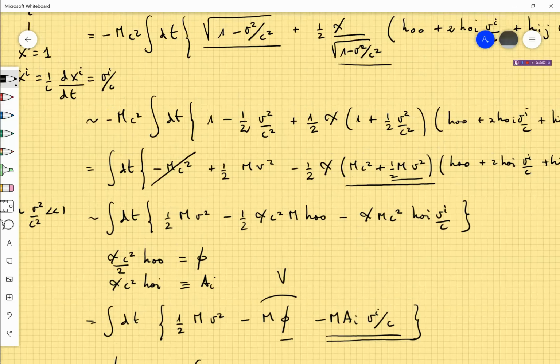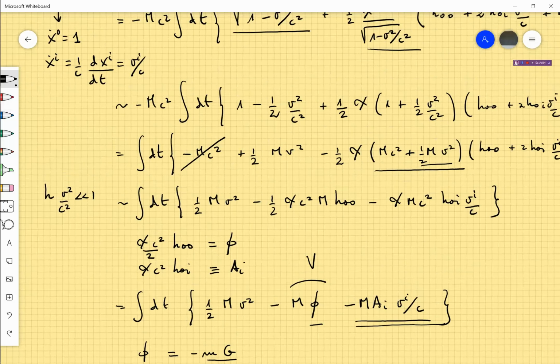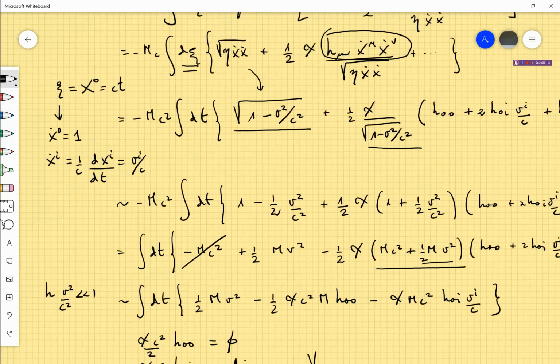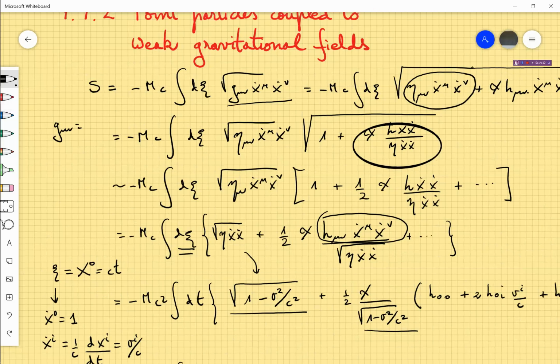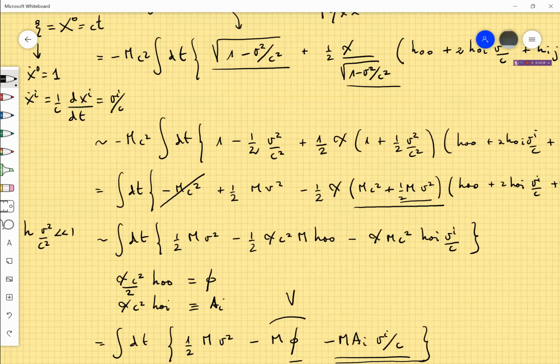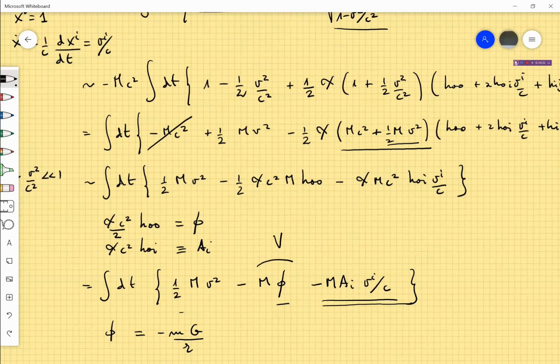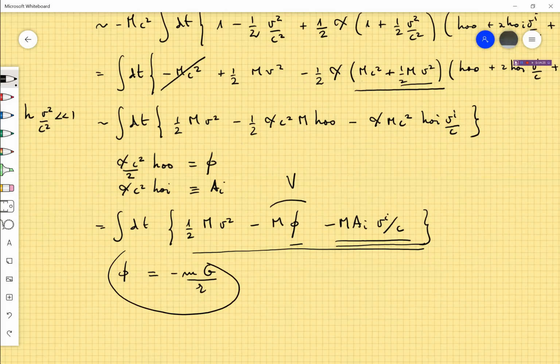Okay, so summarizing, in the limit in which the speeds are small and the gravitational field is small, the gravitational interaction that we have introduced has exactly the properties that you expect in the Newtonian case. We have recovered two things, not just the form of the Lagrangian in general, but we know that this phi has also the form that the Newtonian potential has.